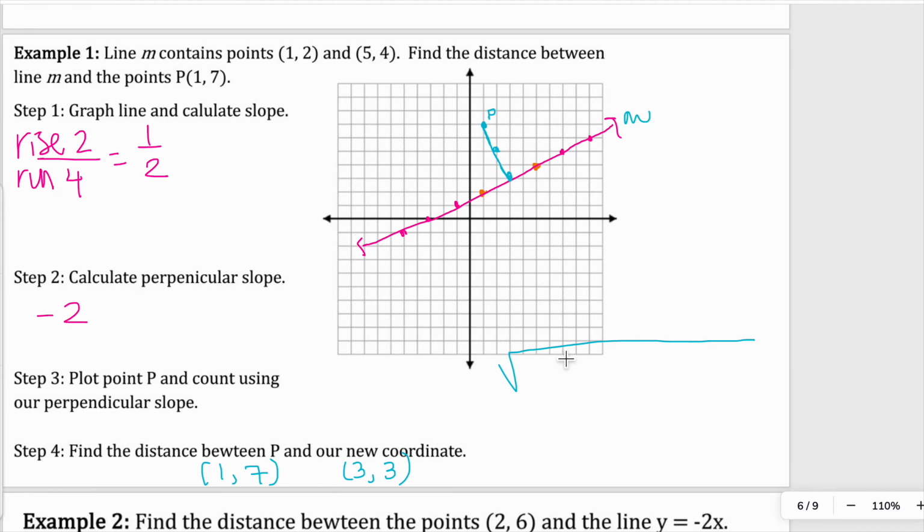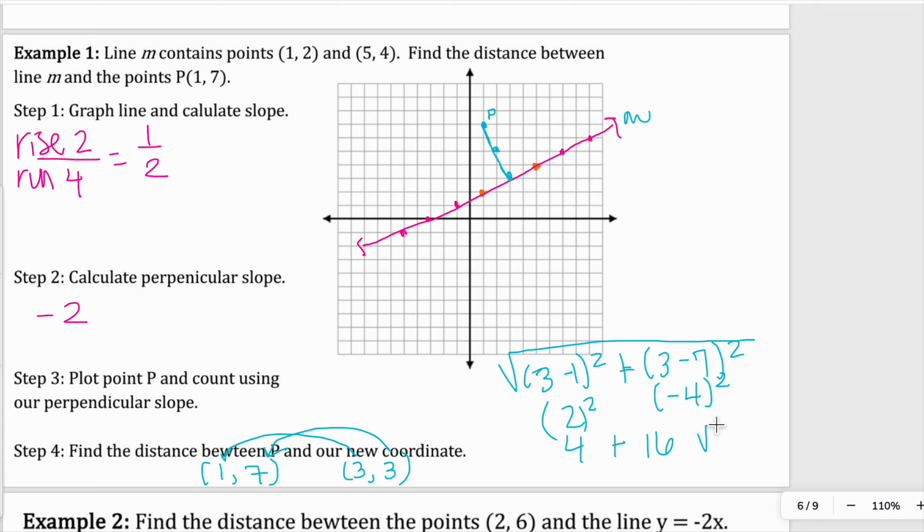I'm going to do x2 minus x1, so (3 minus 1) squared plus (3 minus 7) squared. 3 minus 1 is 2, 2 squared is 4, 3 minus 7 is -4, and -4 squared is 16. So I'm looking at the square root of 20, which is about 4.47.